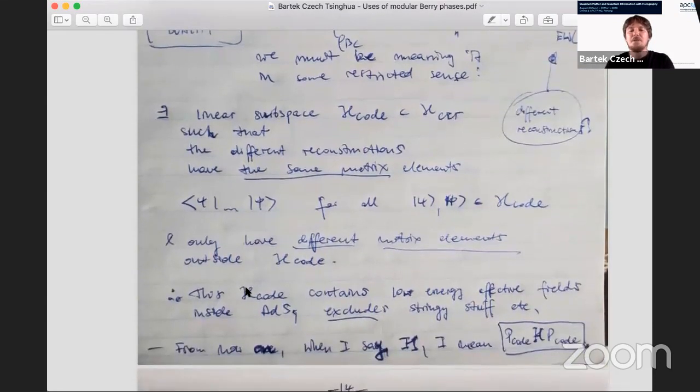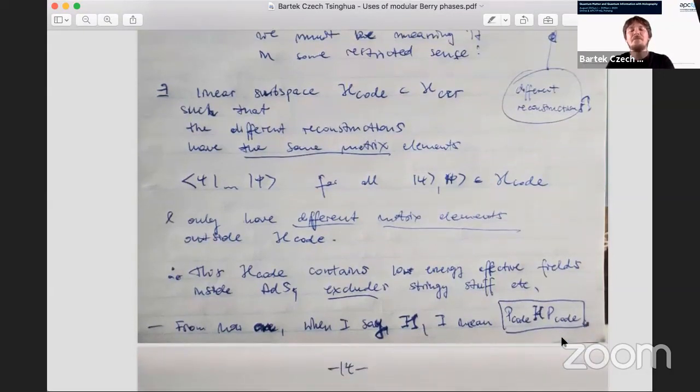Okay, so the relevant code subspace of interest for us, and generally how people use it, is the code subspace that contains low energy effective fields inside AdS. But for example, it would exclude stringy stuff. That's a logical and practical way of defining what I mean by the code subspace. So from now on, whenever I say, for example, H, I will really mean taking H and projecting it onto the code subspace.